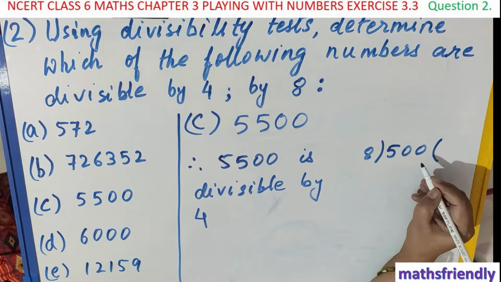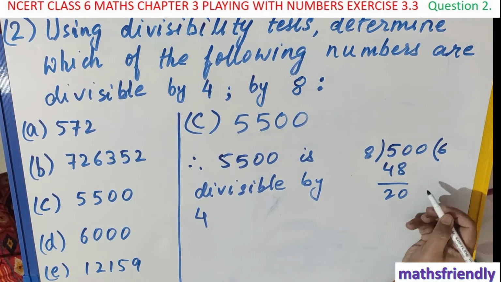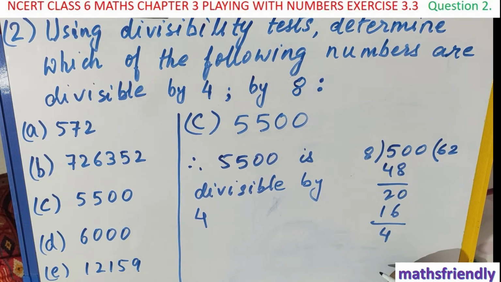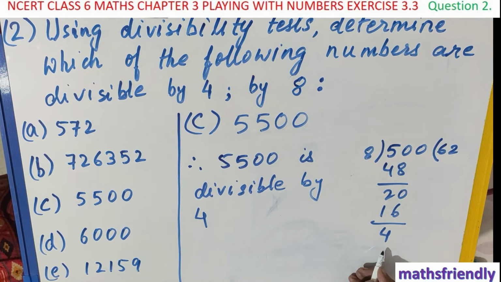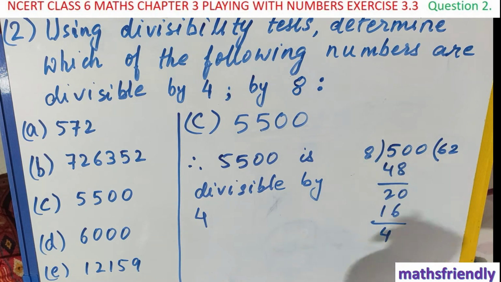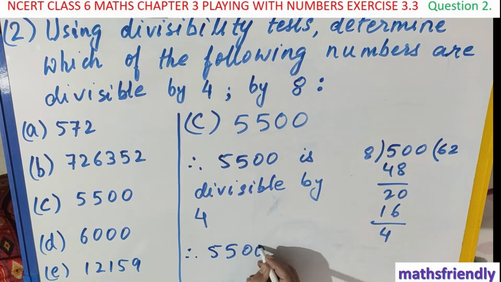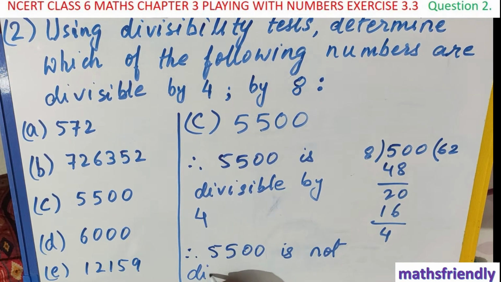So what we will do? 8 6s are 48, 20 comes, 8 2s are 16. 4 is the remainder. Okay, it means this 500 is not divisible by 8 because we are getting a remainder. This means the number is not exactly divisible by 8. So we can say that therefore 5500 is not divisible by 8.